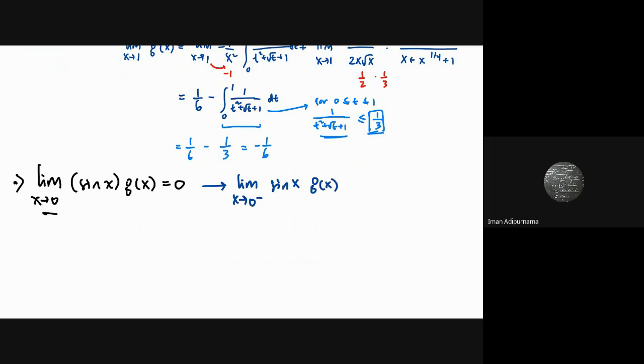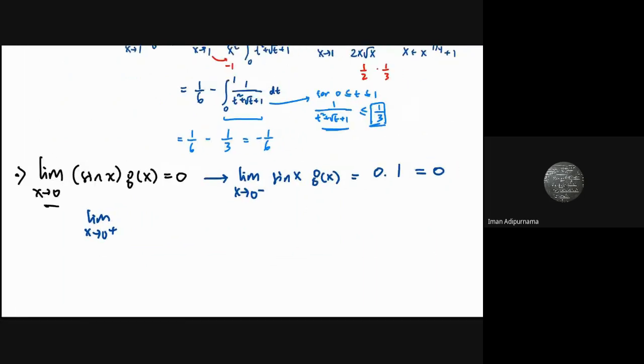From the left hand limit, we know from the equations this is 0, true, right? The problem is when we have the right hand limit.